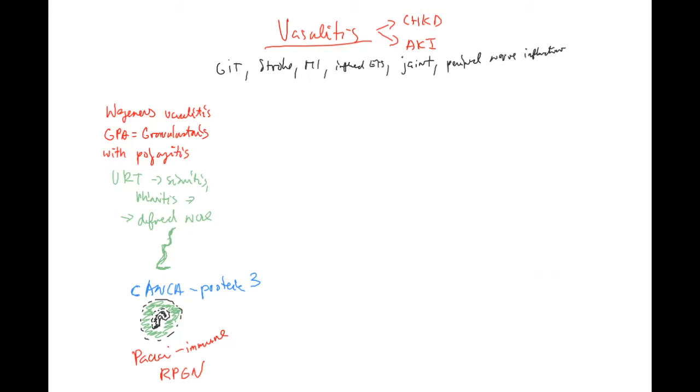Okay, so Churg-Strauss vasculitis, this one also can, of course, cause, like all of them, or at least the first 3 ones, they all can cause acute kidney injury as well, and definitely it can turn into chronic kidney disease. And remember, Churg-Strauss is very much combined with asthma.